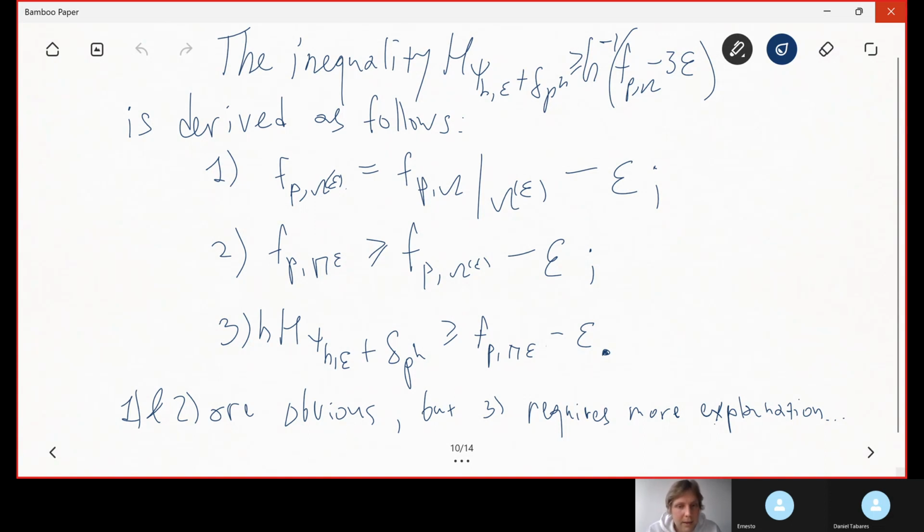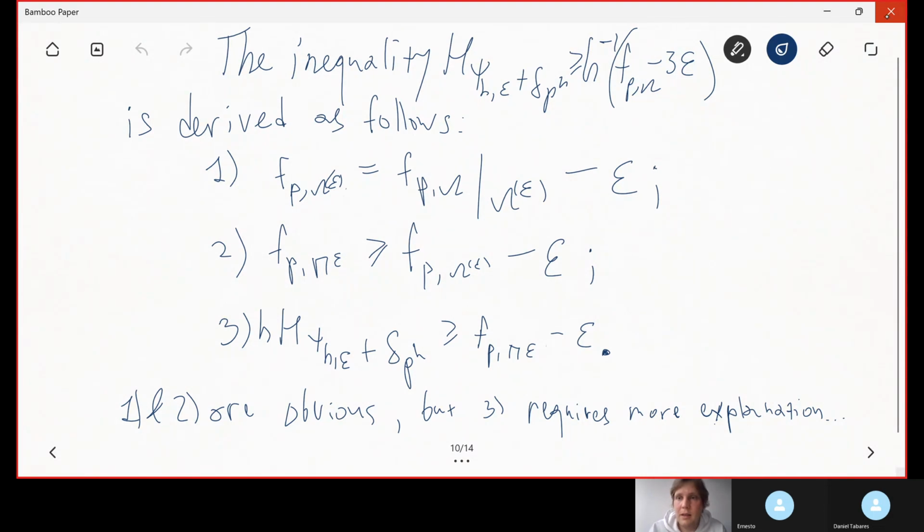And then comes the last thing, that we prove the actual lower bound, here where it comes from, that the rescaling by h of the toppling function of the solitonic state perturbed at one point is greater than the limiting toppling function on this unimodular approximation of omega minus epsilon.